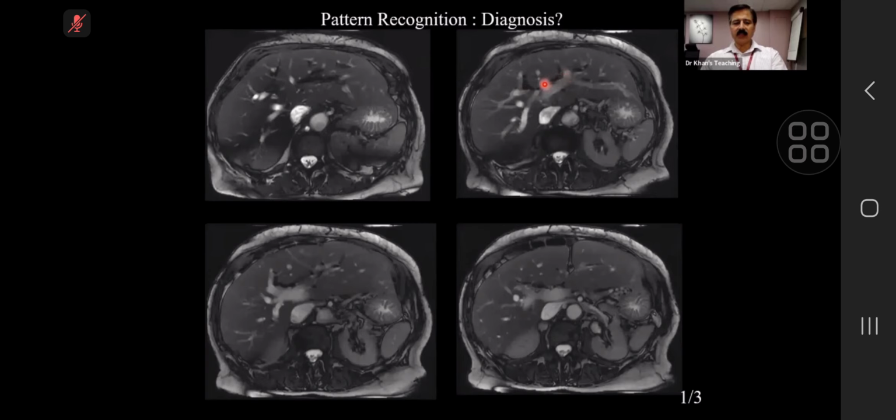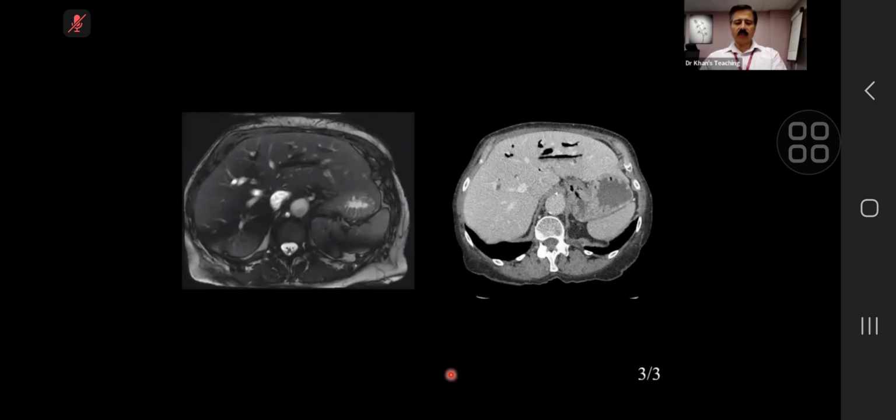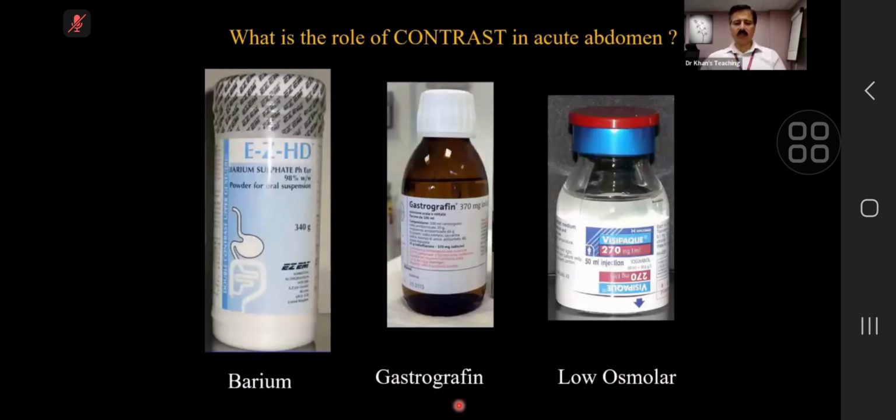But the eye sees what the mind knows, because on a T2 weighted sequence, you have not seen it, so you found it very difficult. On the other hand, on a CT scan, it was very obvious. So this is an example, and I'll take it further, where you have to stretch your imagination, and you will find everything very easy.